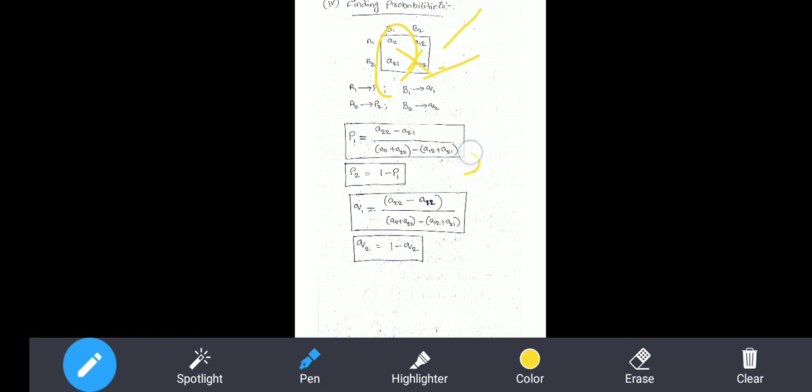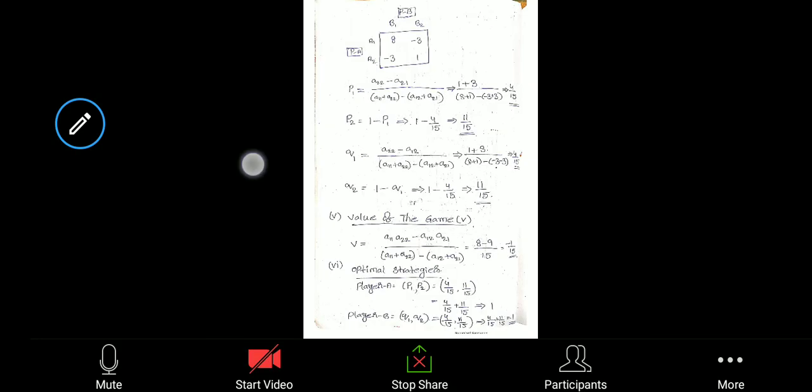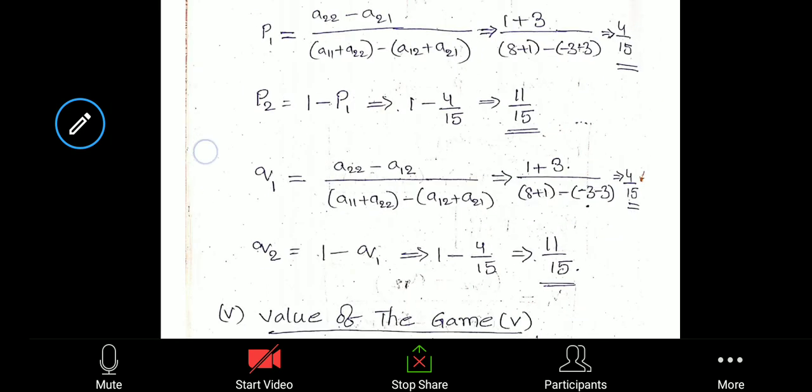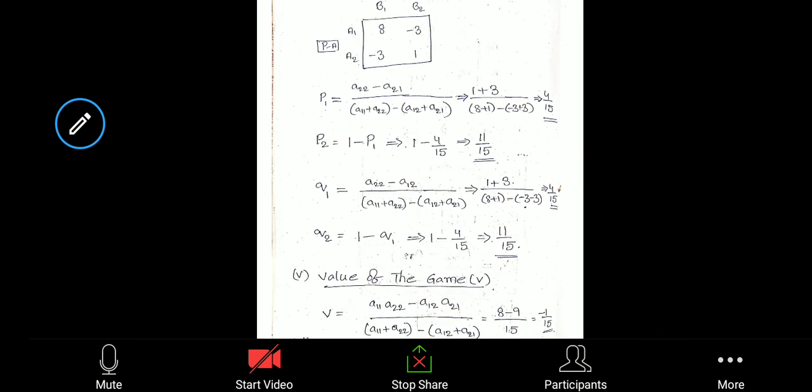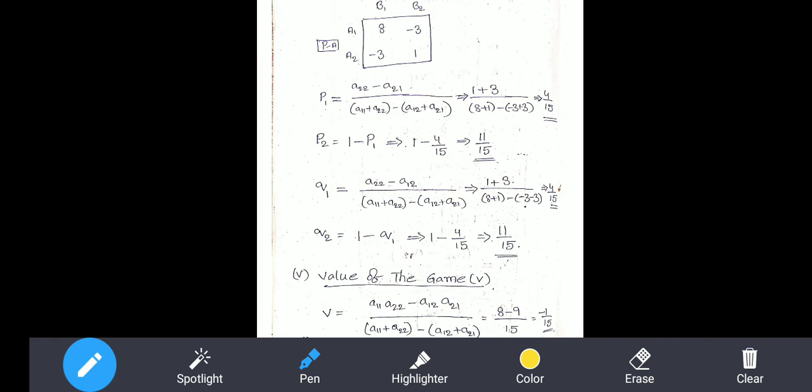The same denominator is used in this position also. So q1 plus q2 equals 1, q2 equals 1 minus q1, and you can get the value of q2 also. By using these equations you can find the probabilities. For the given problem, p1 equals 4 by 15. By substituting the values in these equations, we get the p1, p2, q1, q2 values.